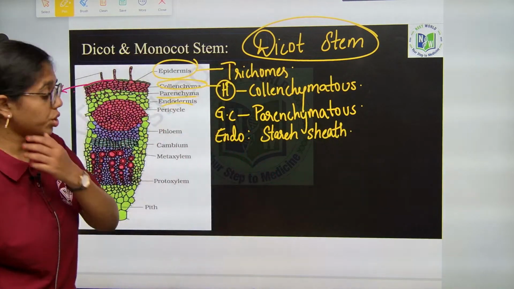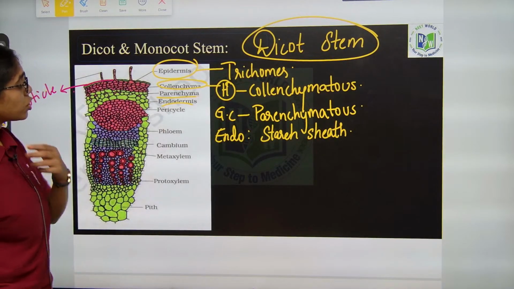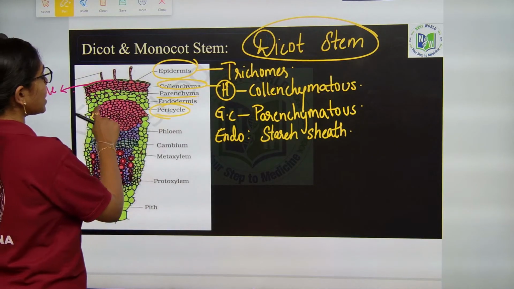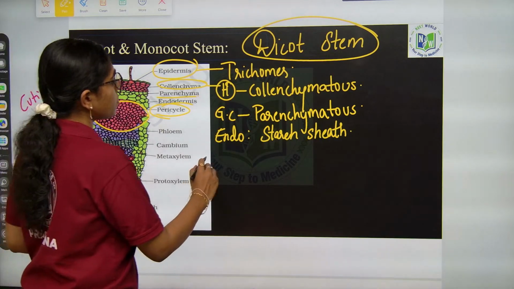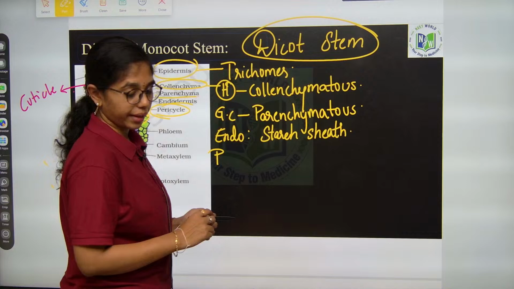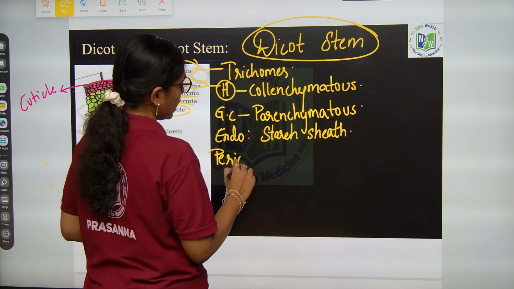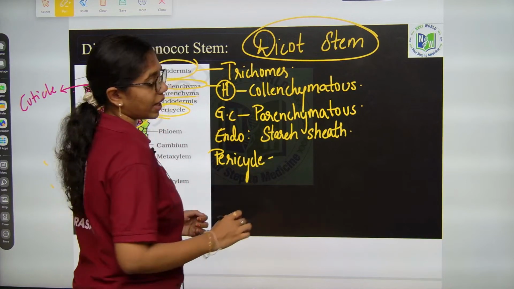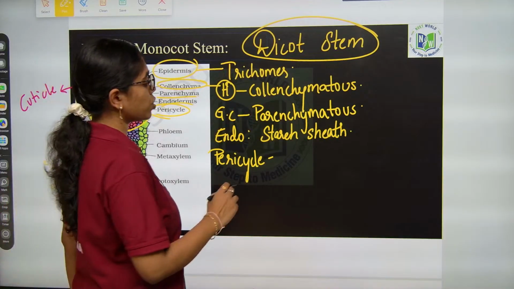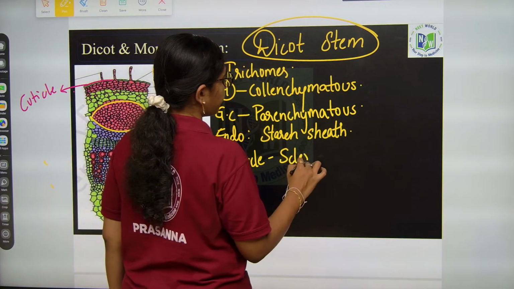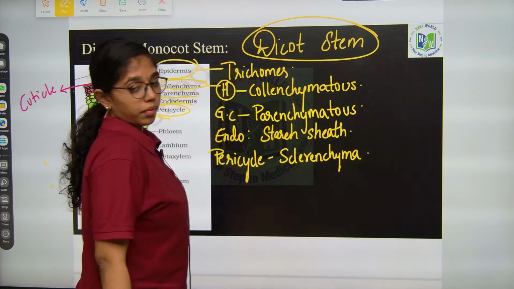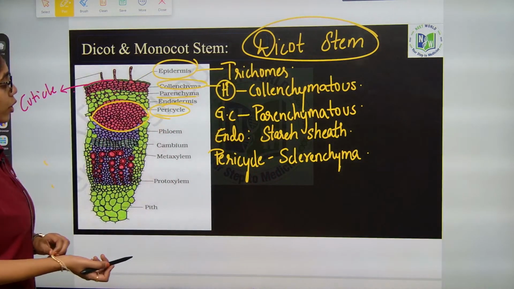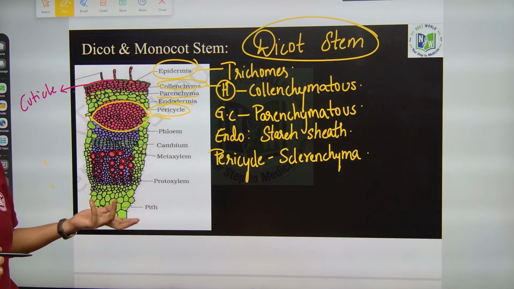Endodermis has starch sheath which stores food material. Next to that, pericycle. Pericycle has semi-lunar projections. Pericycle is made up of what? Sclerenchymatous layer. Pericycle is sclerenchymatous. It has semi-lunar patches which is made up of sclerenchyma. Fine. And then medulla. Medulla, that is parenchymatous.